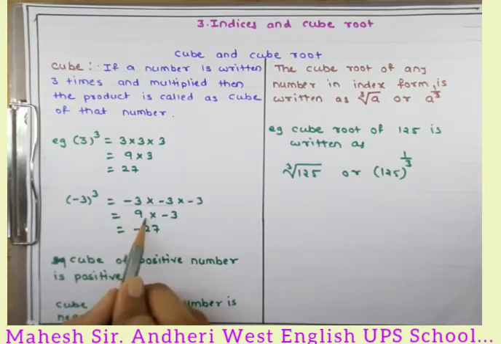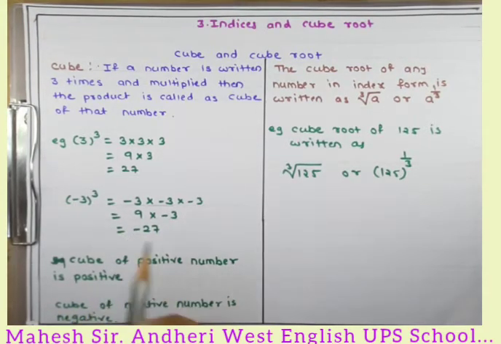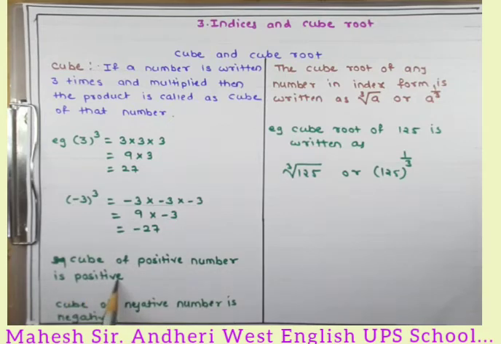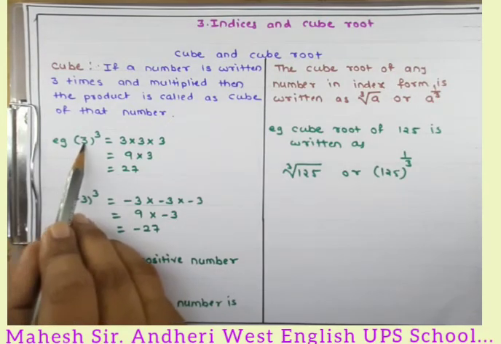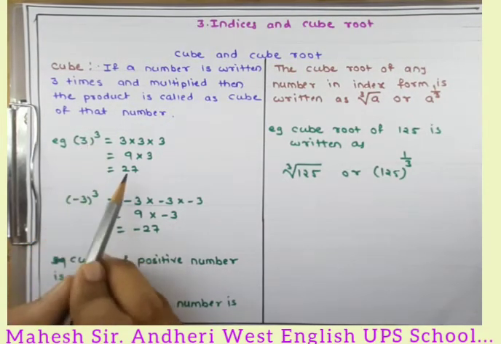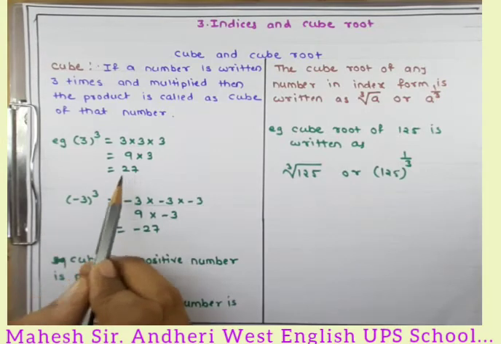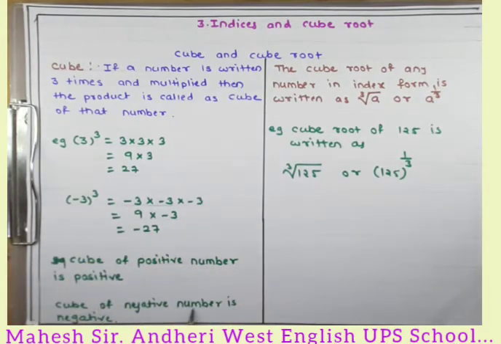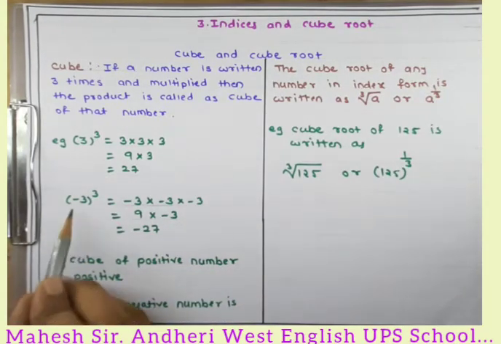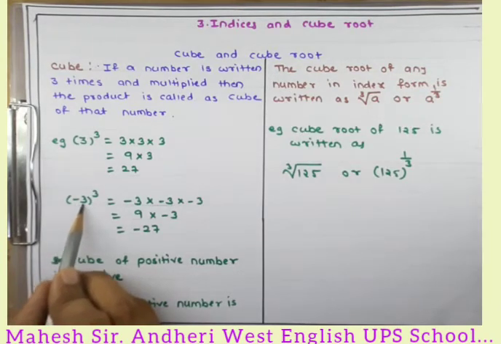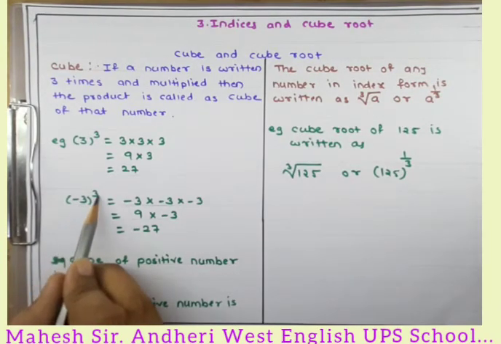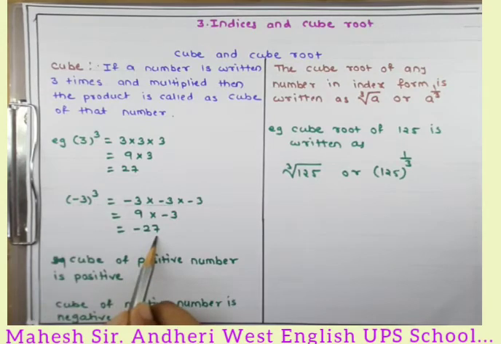So 9 threes are 27, plus minus is minus. So what we can conclude from it, the cube of a positive number is positive. 3 is a positive number and its cube is also a positive number. The cube of a negative number is negative. Suppose the number is minus 3, then its cube will also be negative.